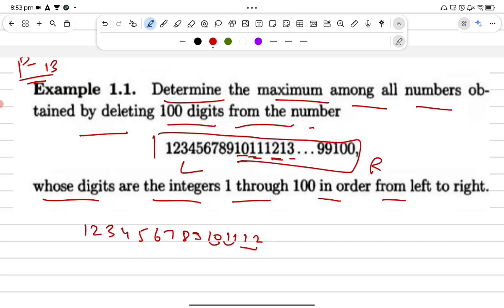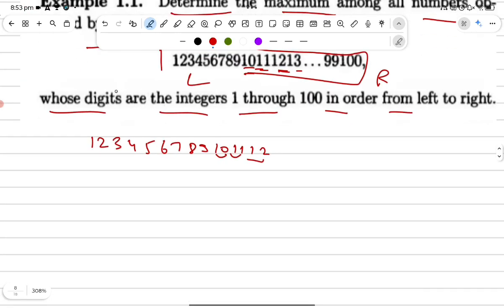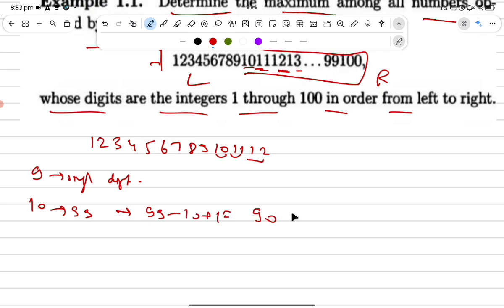Now, first of all, how many digits does this number have? So at first, 9 single digit numbers, right? And then from 10 to 99, there are going to be how many numbers? 99 minus 10 plus 1, that is 90. These many 2-digit numbers, and 100 is a single 3-digit number.